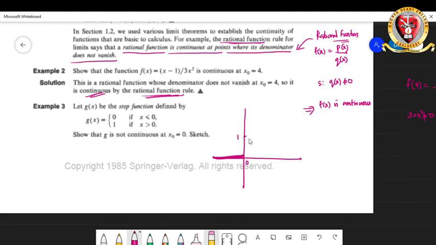And whenever x is strictly greater than 1, you will have a value of 1. So it is looking like a step. That's why it's called a step function. Here we are saying that g is not continuous at the point where it jumps. So from the early examples, you are understanding that whenever there is a jump occurring, there is a difficulty for being continuous, or we can say that at that jump the function is not continuous. So here the jumping is occurring at the value 0.